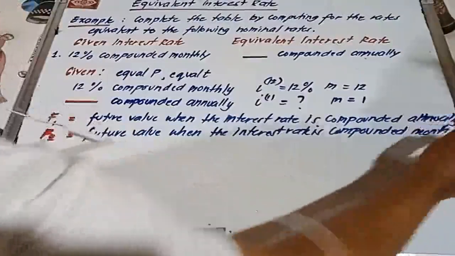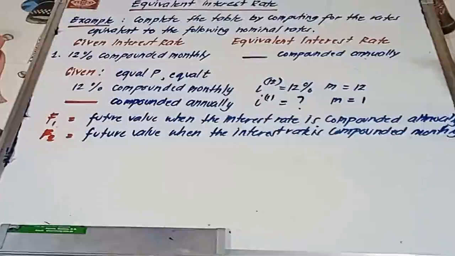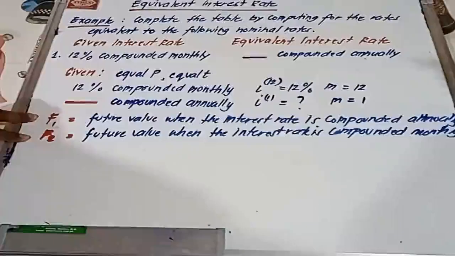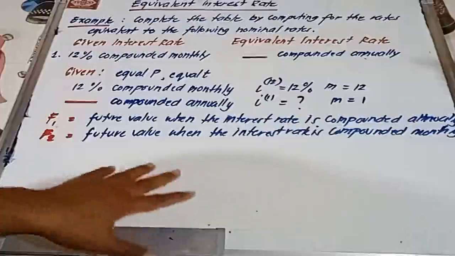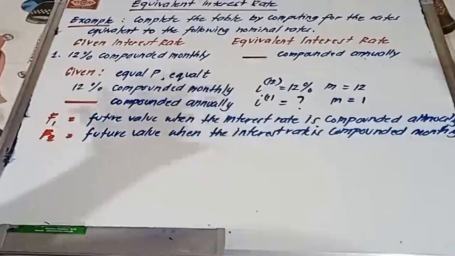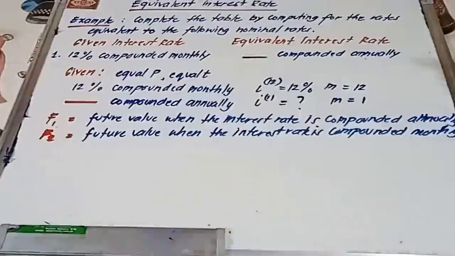And since we are referring to one present value, we're expecting that these two future values have the same value. Okay? So therefore, we can equate these two future values. Kasi magkaiba lang naman yung kanilang interest rate, at the same time, magkaiba rin yung kanilang payment period. Okay? Yung kanyang tinatawag nating frequency of periods. You say m equals 12, you say m equals 1.